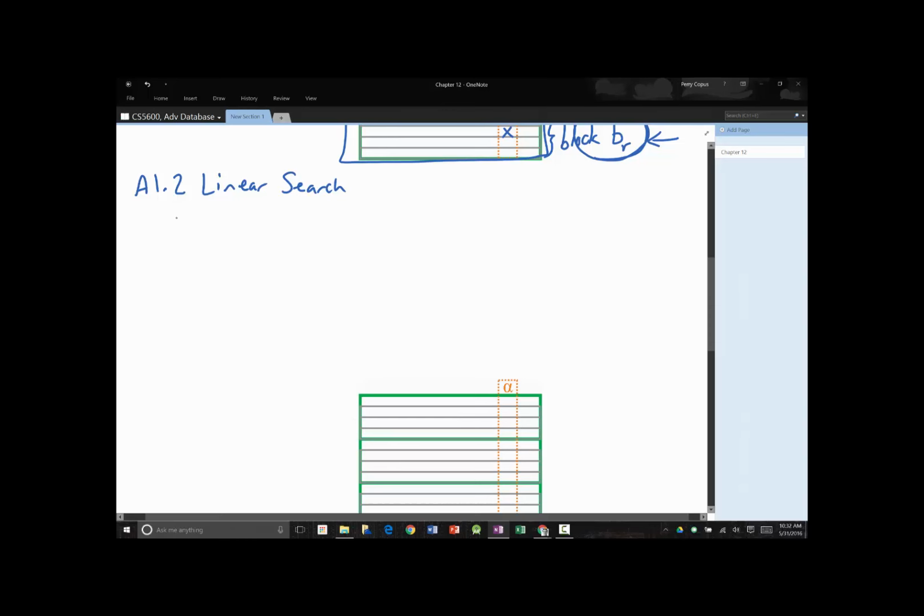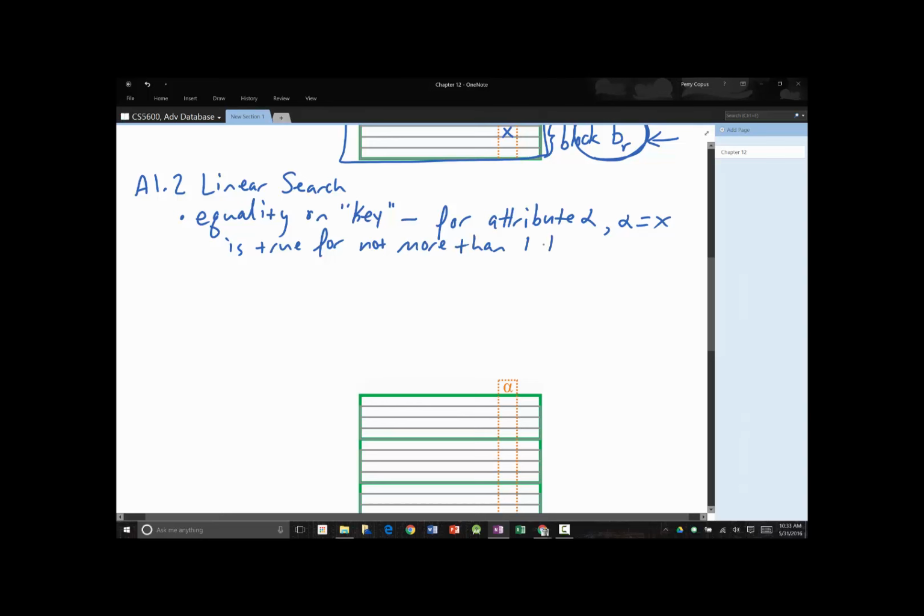In this case, it's equality on a key, and where key means, in this context, that for any attribute, in this case attribute alpha, alpha equals x is true for not more than one tuple.